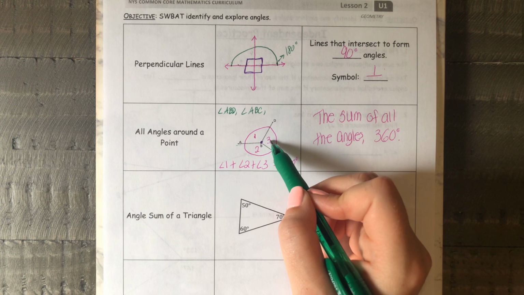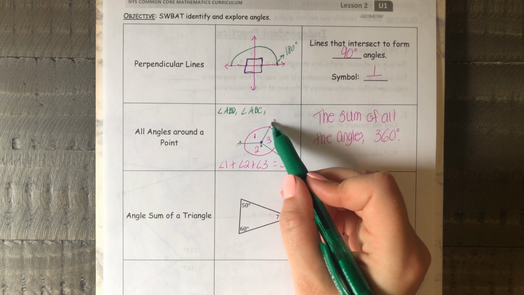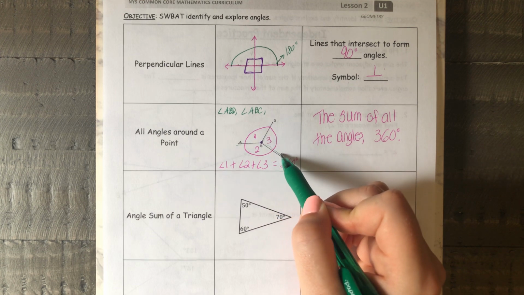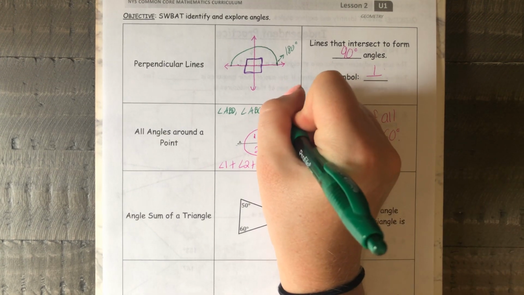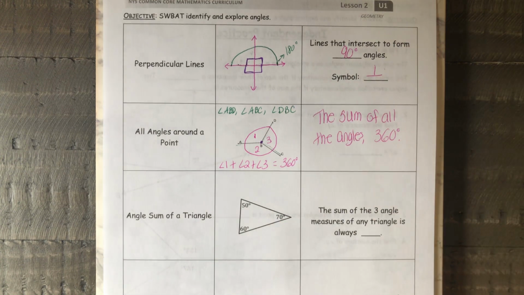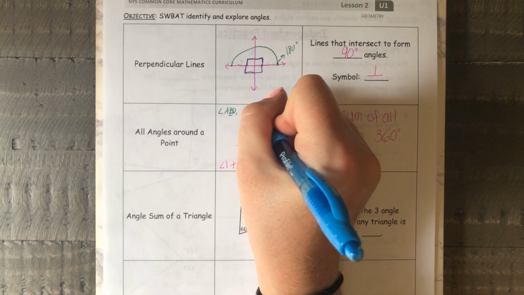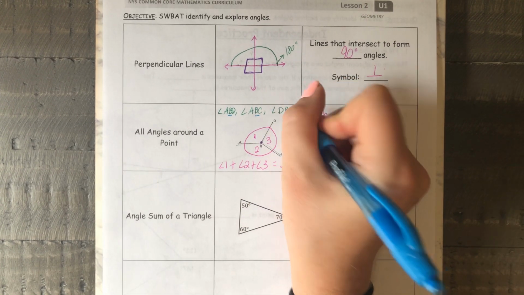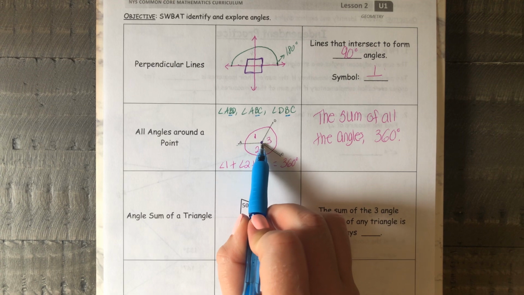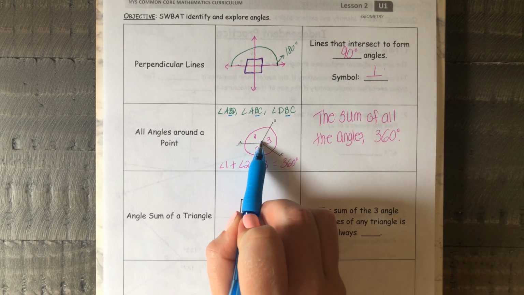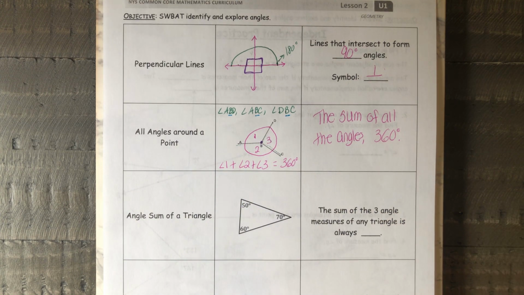And if I wanted to name angle 3, I'm going to start at D and call it angle DBC. One more time, you'll notice that the letter B is in the middle of all of them, because B was my point for angles around a point. That was the point that all my angles were around, and it's also the vertex of all three angles.